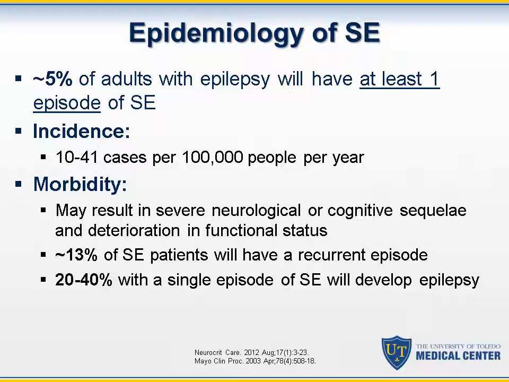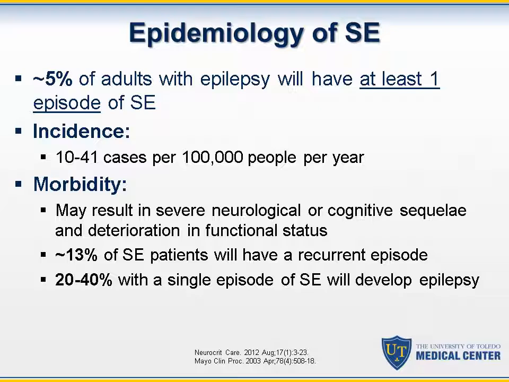Focusing next on the epidemiology, around 5% of adults with epilepsy will have at least one episode of SE during their lifetime. Incidence ranges from 10 to 41 cases per 100,000 people per year. And as far as morbidity, it may result in severe neurological or cognitive sequelae and deterioration in functional status, mostly associated with GCSE.